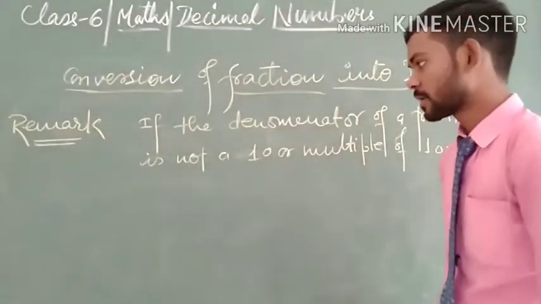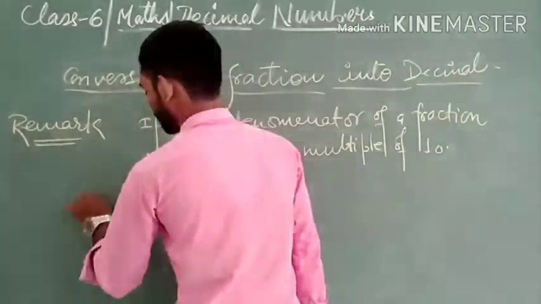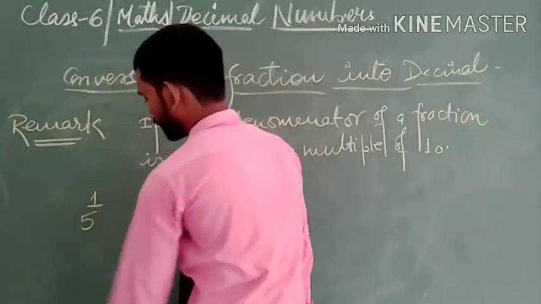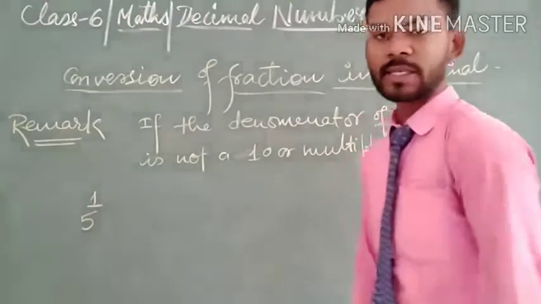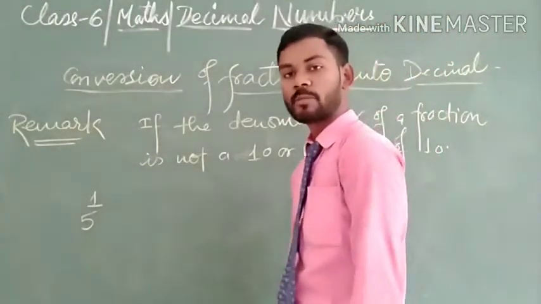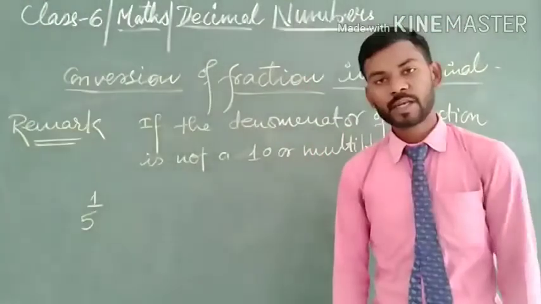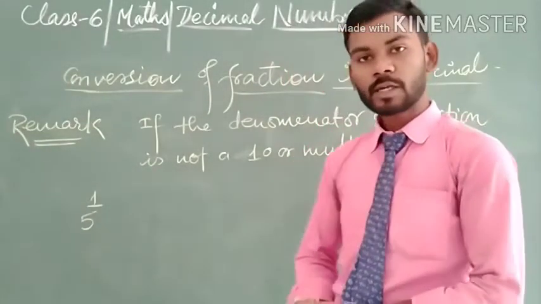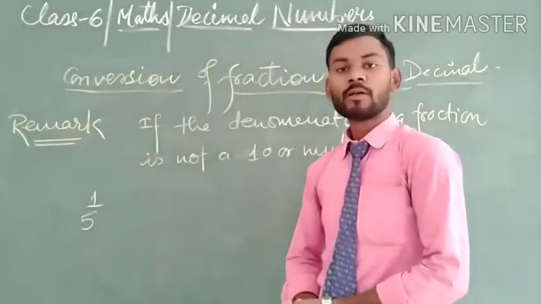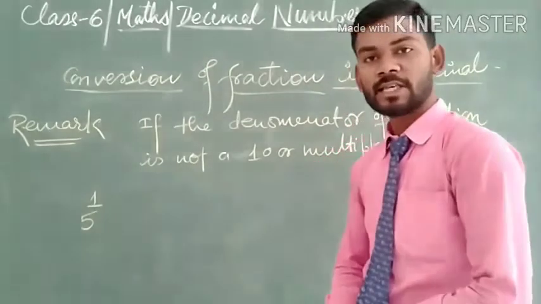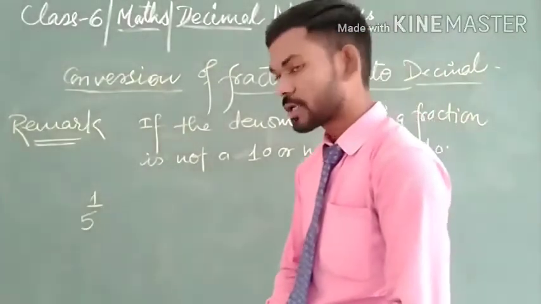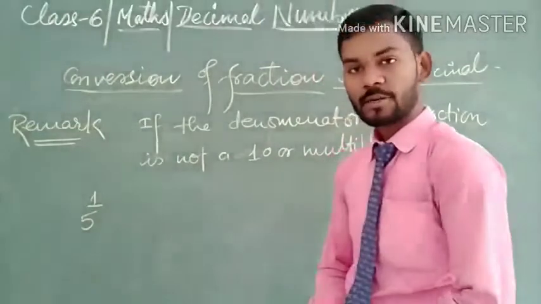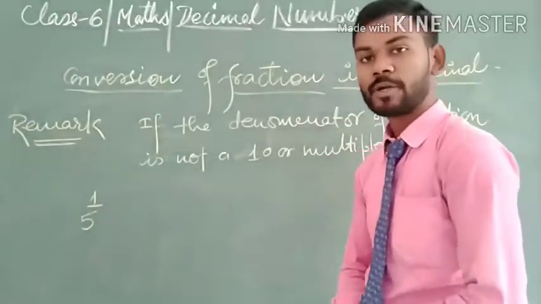So in this case, suppose that the number 1/5 is given. We can see that the denominator is not 10 or a multiple of 10. So in order to convert it into the decimal number, first of all we shall change the denominator to 10 or a multiple of 10.